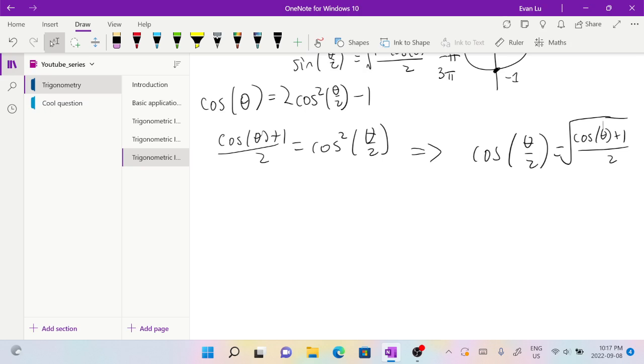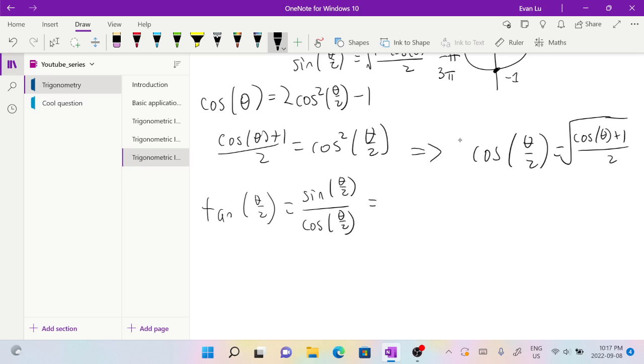So the last thing we're going to discuss is the tan formula. So of course, a very natural thing to do is, well, tan is actually kind of hard to work with. So let's just work with sines and coses. So this will be sine of theta over 2 divided by cos of theta over 2. Aha, well, we just did those.